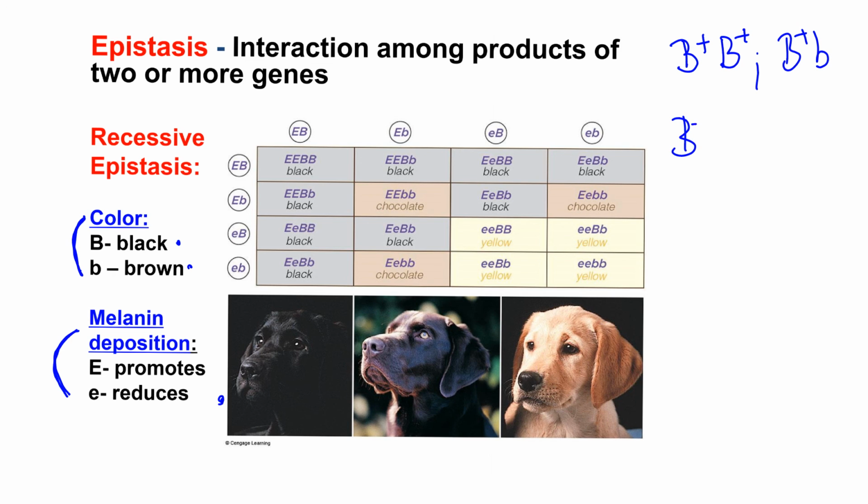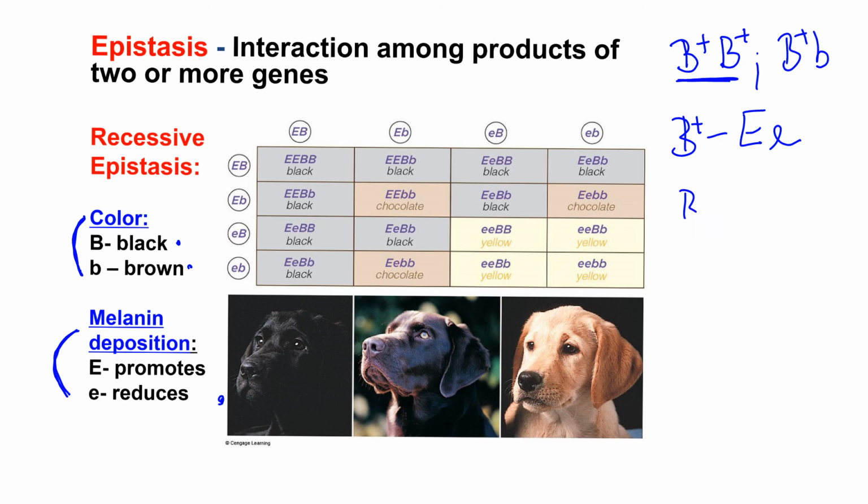This dog has to express at least one dominant allele for gene E, because if the pigment is synthesized in skin but it cannot be deposited into fur, the final color will not be black but yellow.